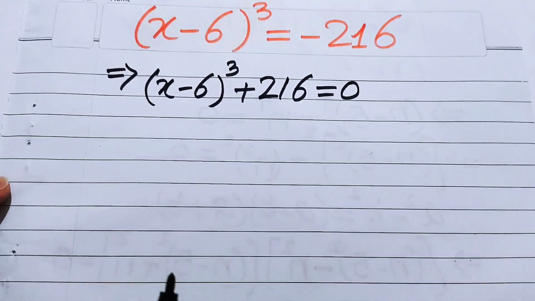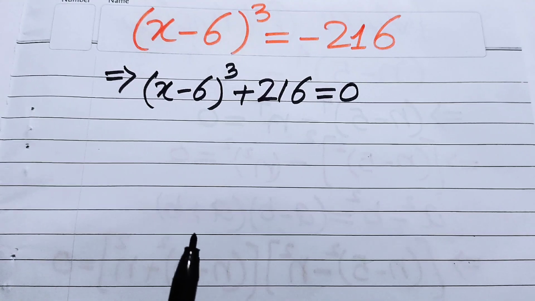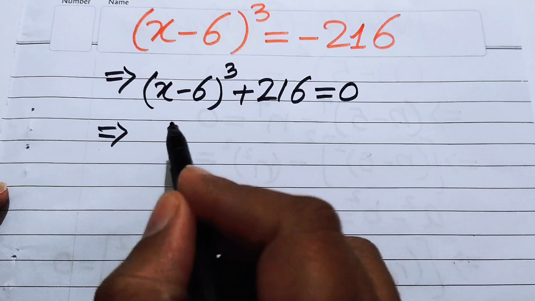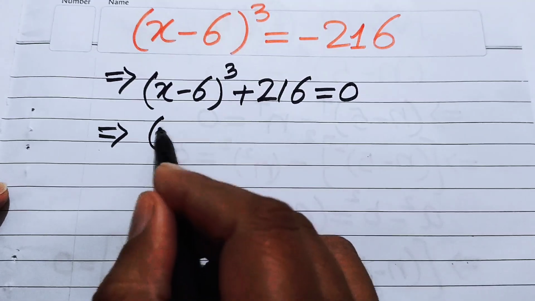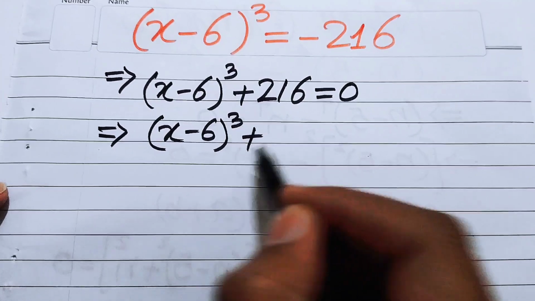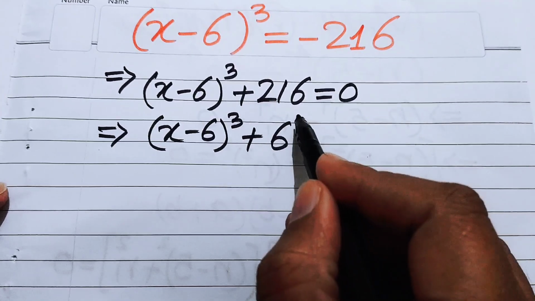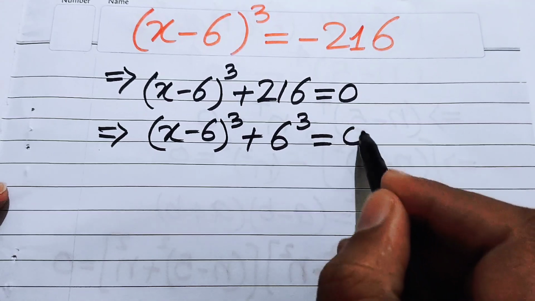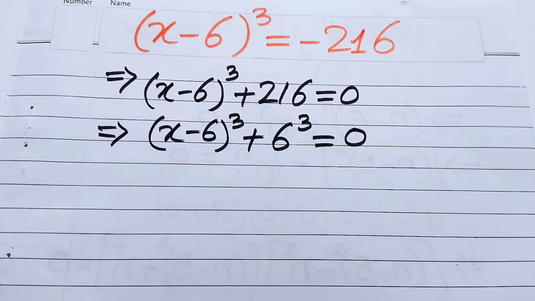In the next step you focus on the term 216, and we know that 216 is the cube of 6. So 6 cubed equals 216, and this whole equals 0.